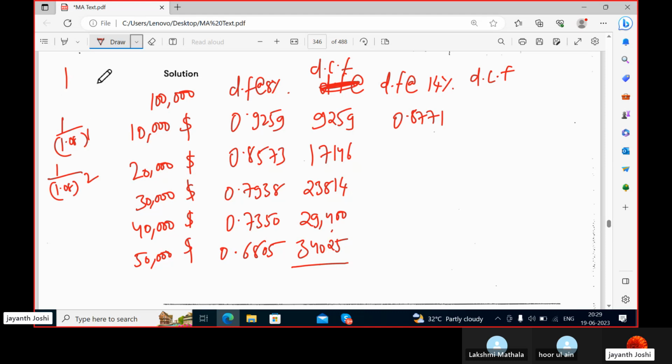And how I got this: 1 by (1 plus r) whole power n. 1 by 1 plus 8 by 100 is 1 by 1 plus 0.08. So 1 plus 0.08 is 1.08 whole power 1, in that way. So you can do that, then whole cube, then whole power 4, then whole power 5 for 5 years.